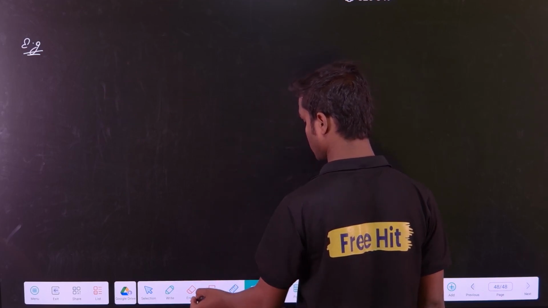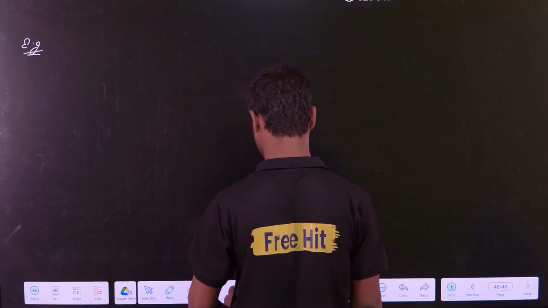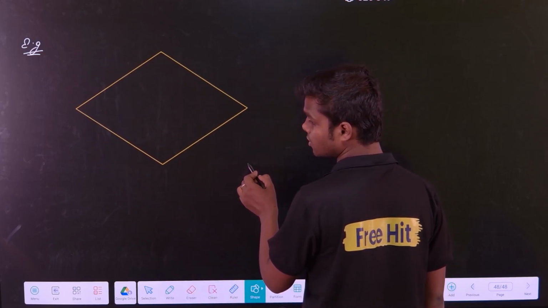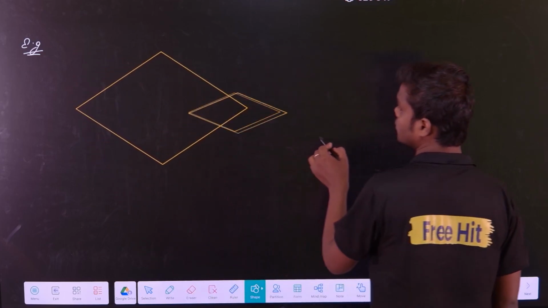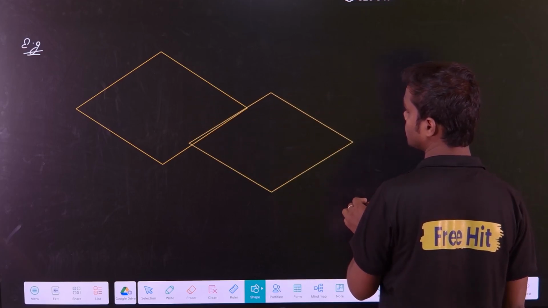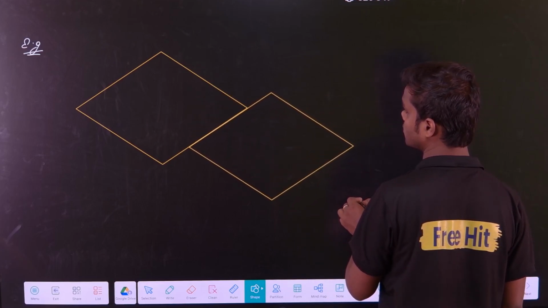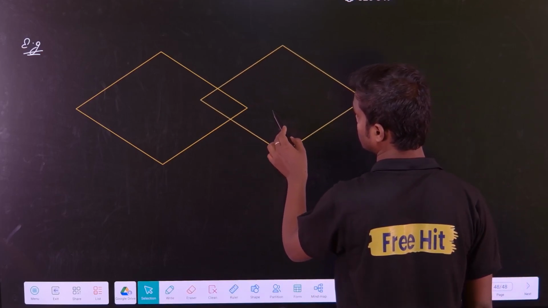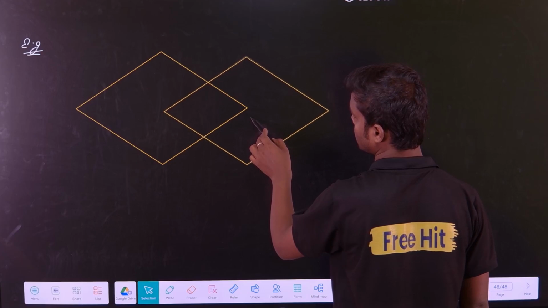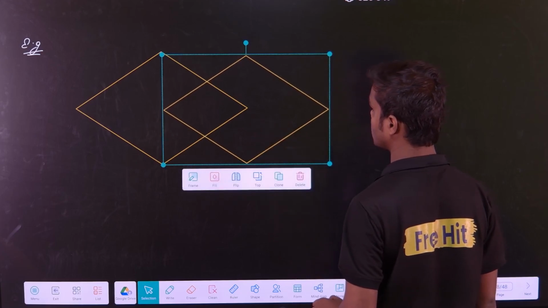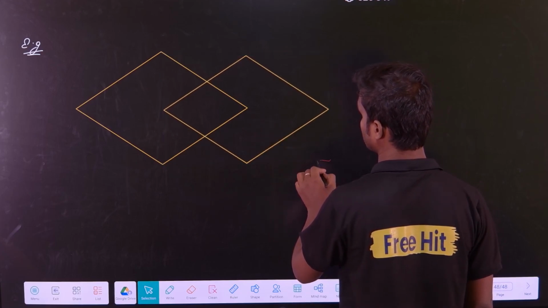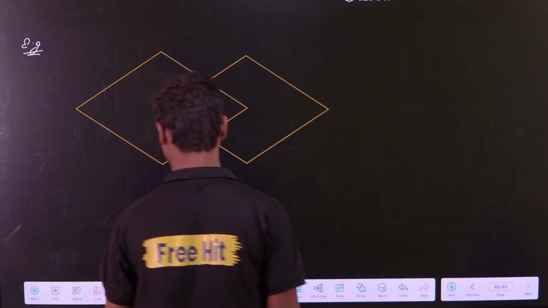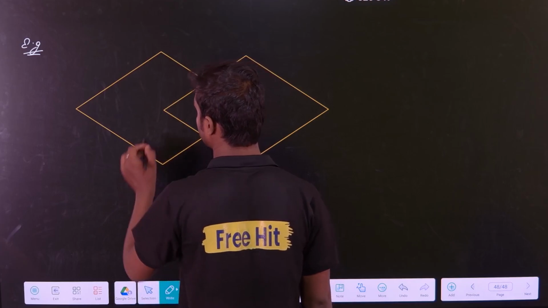We can do one more thing. Just try to understand the diagram first. Then only you can solve it. If you don't understand the diagram, you can't solve this. I hope the diagram is clear to you, and you treat it like this.